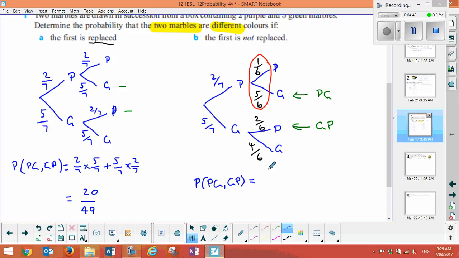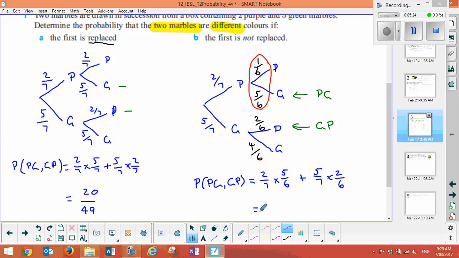So we've got 2 over 7 times 5 over 6 plus 5 over 7 times 4 over 6. Oh, no, it's not 4 over 6. Mistake. Oh, where's my eraser gone? That's it. So sorry about that. We're doing 5 over 7 times 2 over 6.